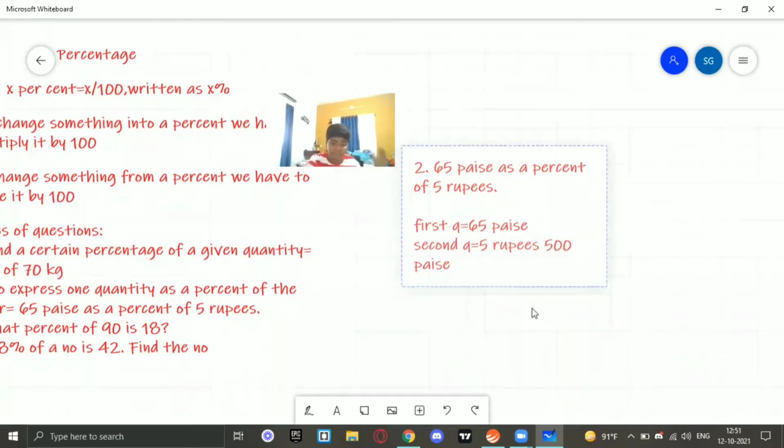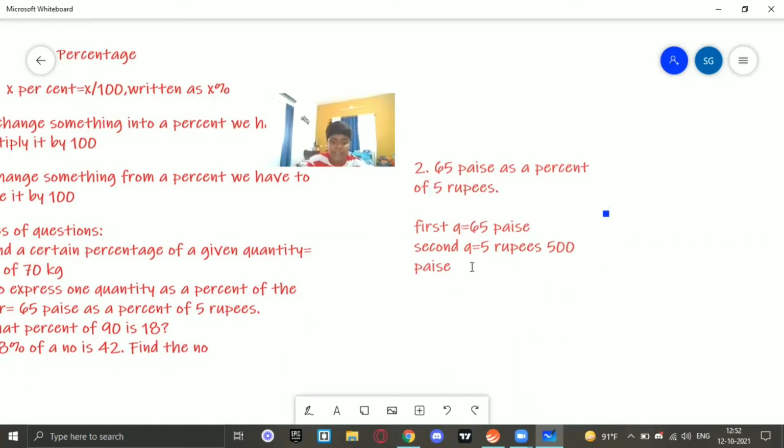So 5 into 100 will be 500. The rule for this is simple: first quantity upon second quantity times 100. Seems easy, doesn't it? So this will be 65 upon 500 times 100.